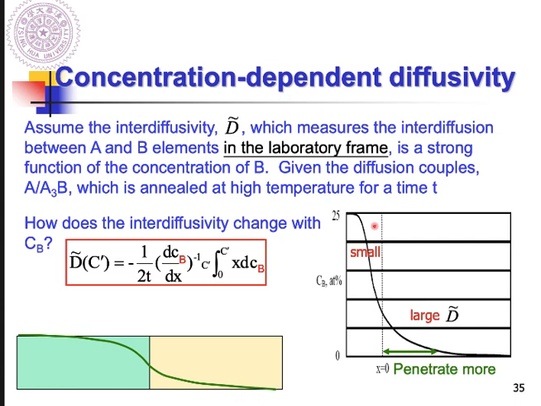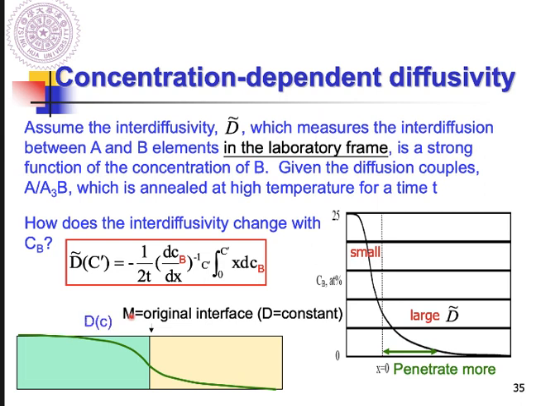So if in the beginning we have a diffusion couple A bonding with B, and under this situation the diffusivity equals a constant, when diffusion happens you can observe the concentration profile is symmetric, and it's easy to mark the original interface. And this original interface is the same as the Matano interface.